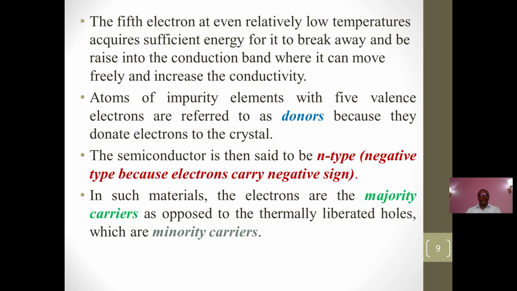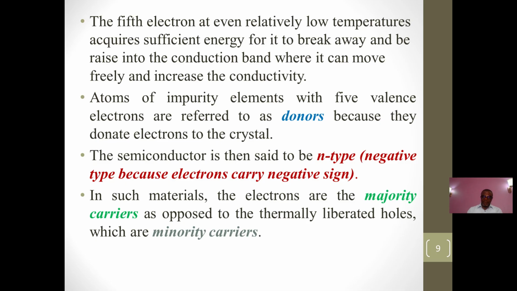to the next atom. So say these atoms of impurity elements, which is dangling, are called donors because any material around it, it will be donated to that material. So they are called donors because they donate electrons to the crystal.